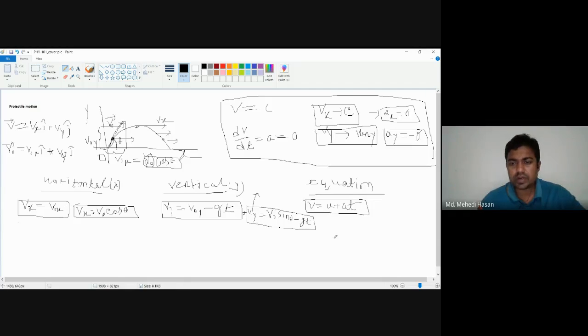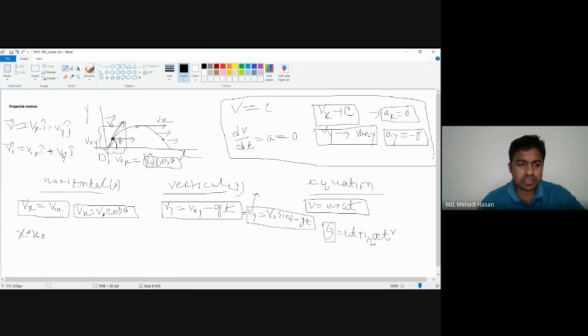So that was the first equation. Now the second equation is ut plus half at square. Now in the xy plane we consider s as displacement, so horizontally we consider x minus x naught, and vertically we consider y minus y naught.